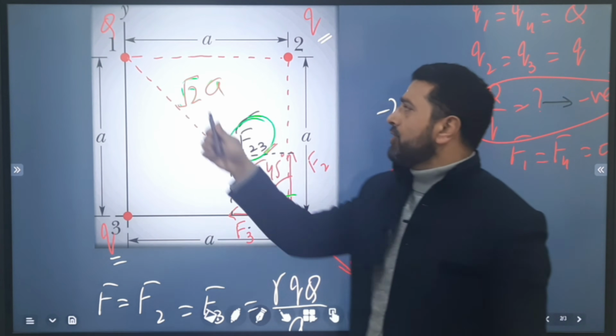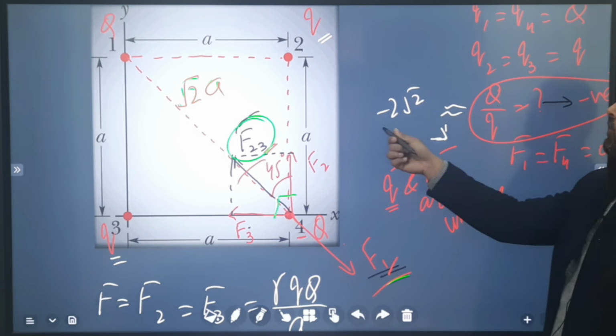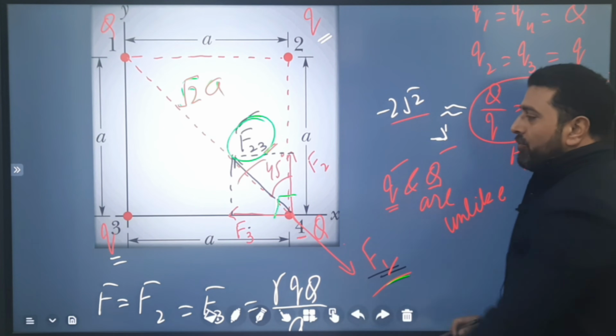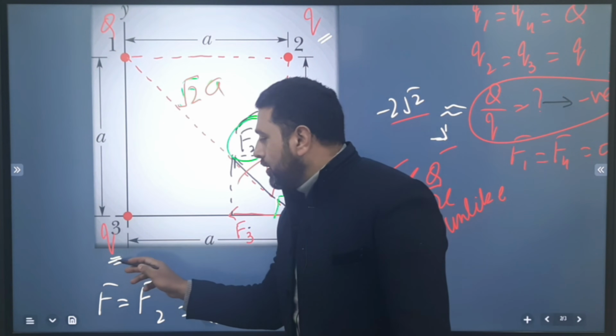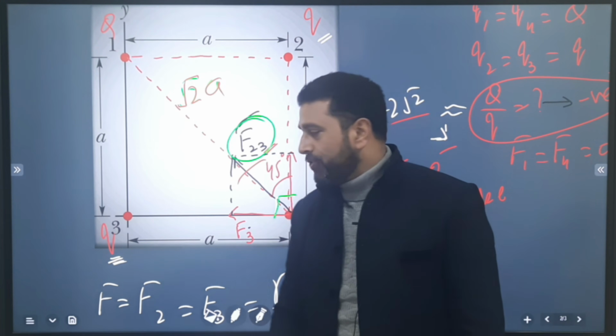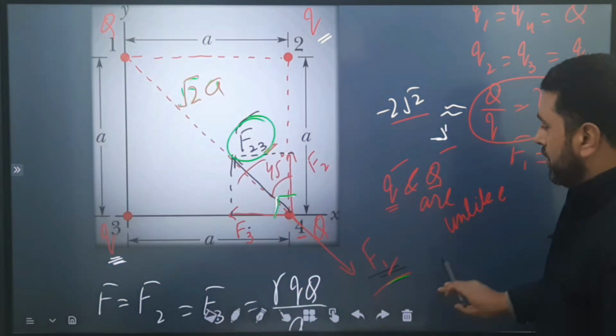Now we know the condition for net force to be 0 on 1 and 4: Q by q must be equal to minus 2 root 2. Exactly the same way we'll find out the condition for net force to be 0 on small q, and then compare the two and we'll conclude.